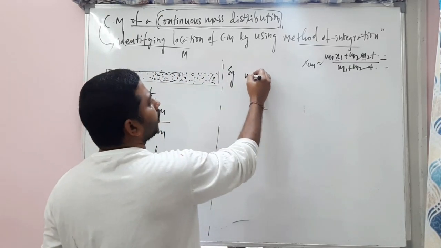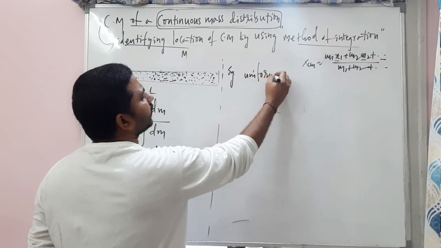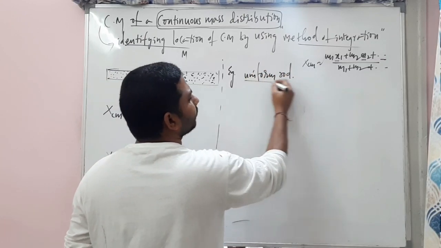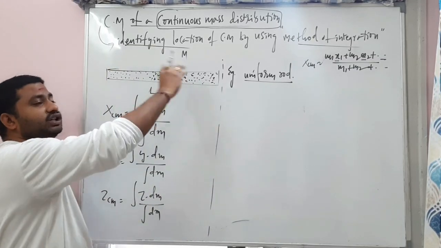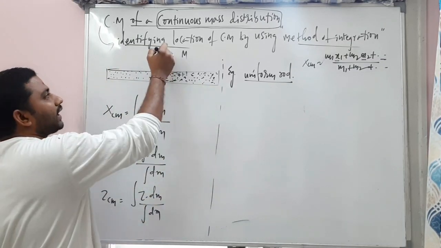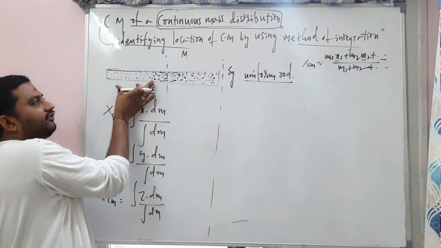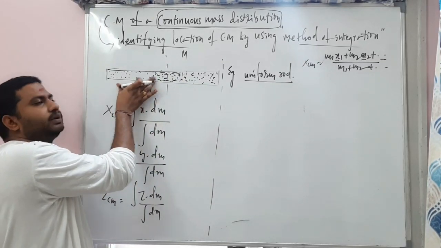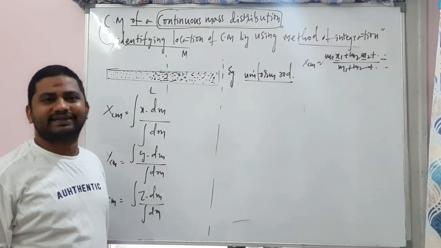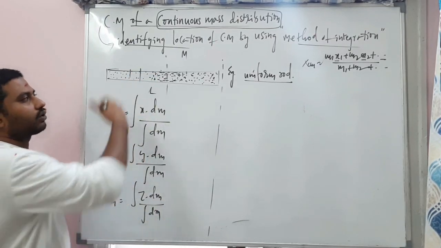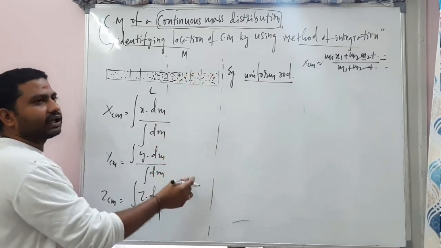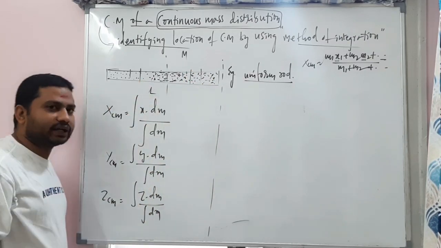There is a uniform rod I have considered here. Uniform rod means the mass distribution is uniform. So if you cut this rod into two halves, the left side has the same mass distributed as the right side. If you take some unit length on the left side and the same on the right side, the same mass will be distributed.